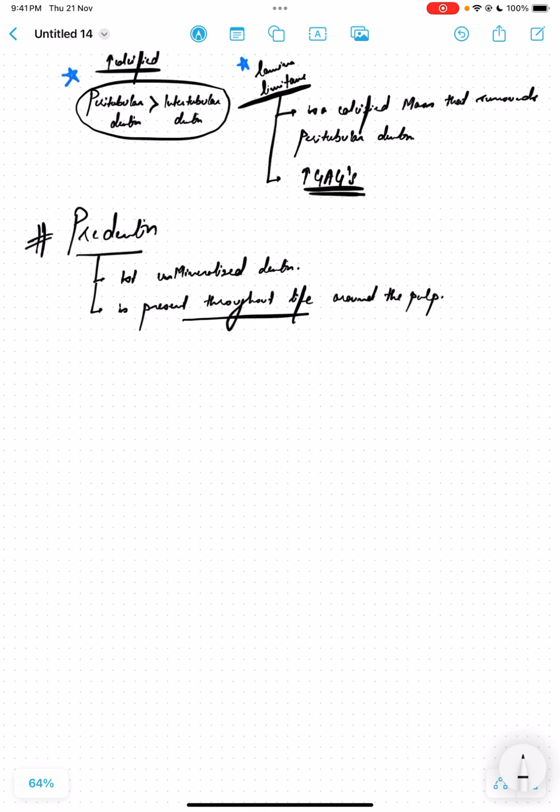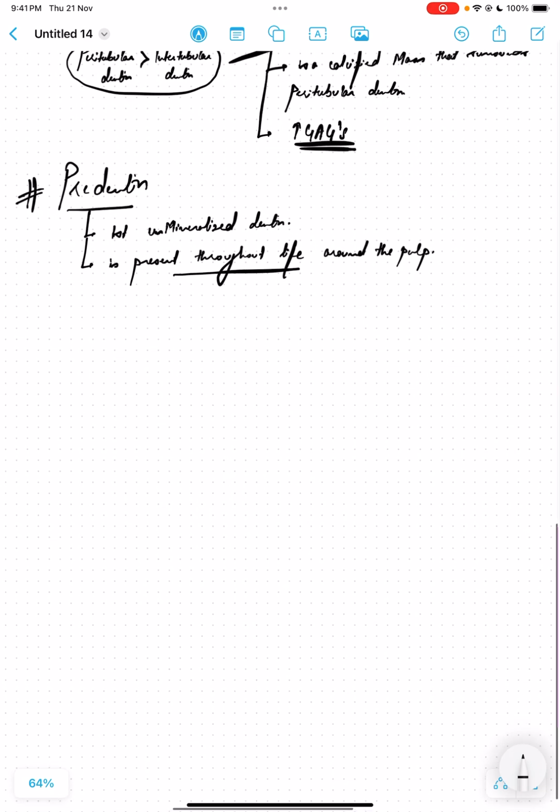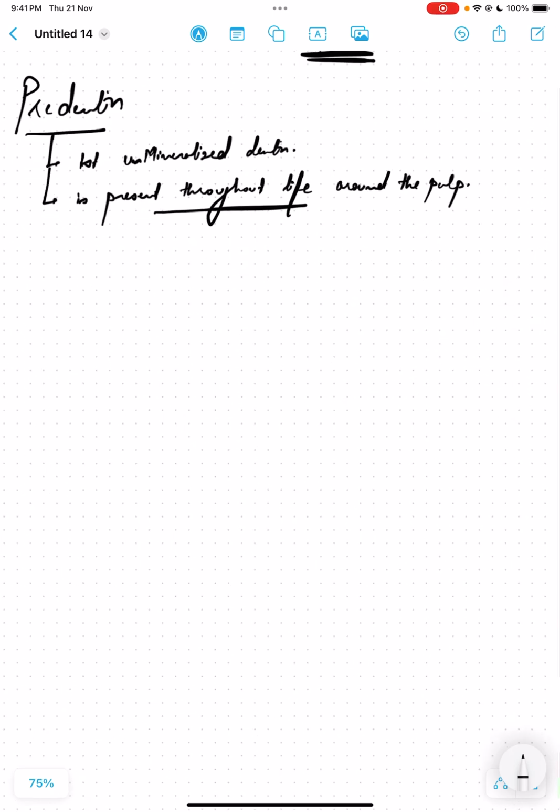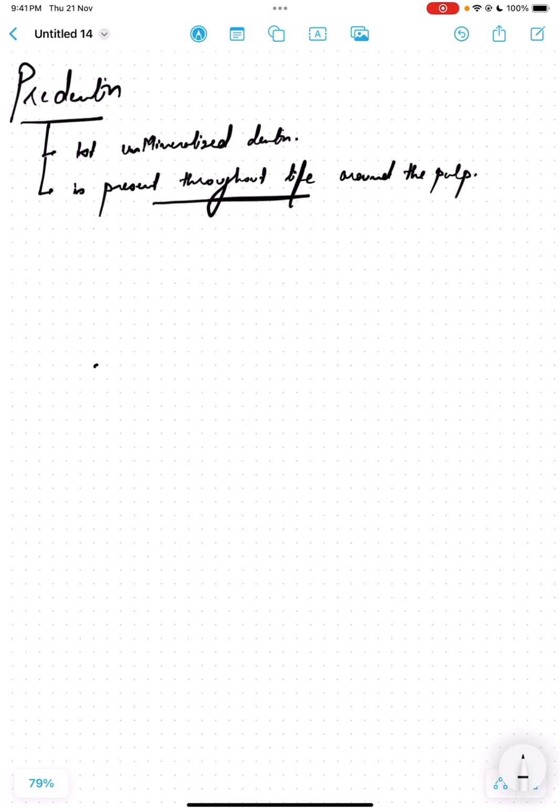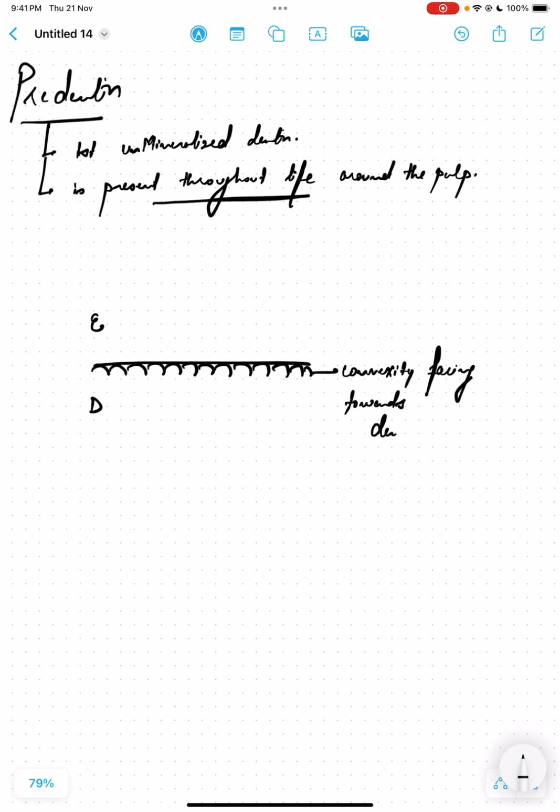So firstly, I'm making a diagram here. All of you should understand. This is enamel. This is dentin. The dentin has a scalloped margin, and the convexity of it is facing towards the dentin.